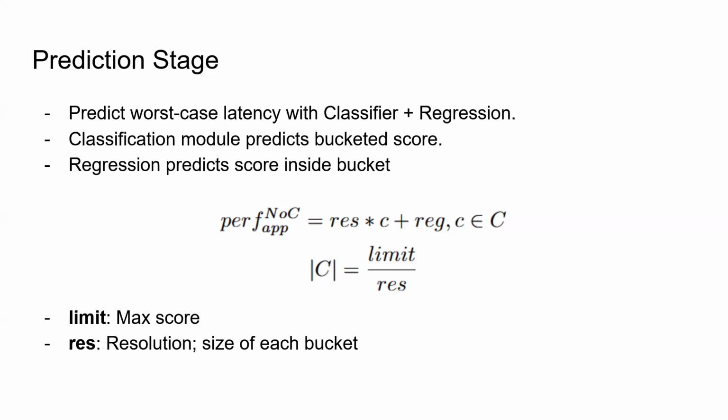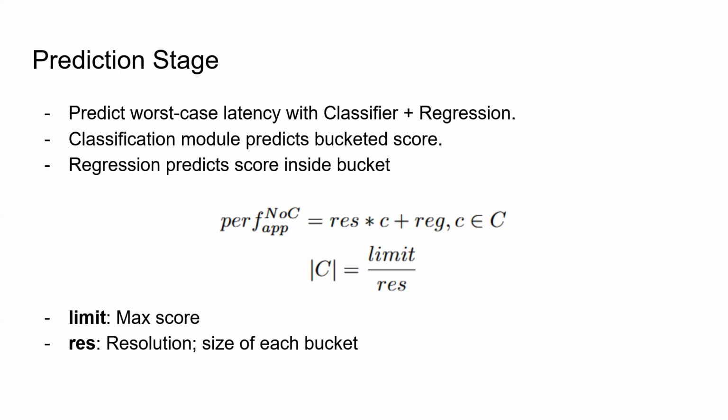The separation into classifier and regression and then merging at the end works like this: the classification module predicts a bucketed score, and then a regression predicts a more precise score inside the bucket. The equation here, I'll explain with the graphic right after, but you can think of resolution as basically how many classes there are, and then you have that regression prediction, the reg.